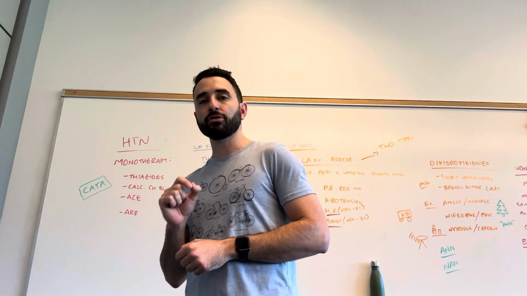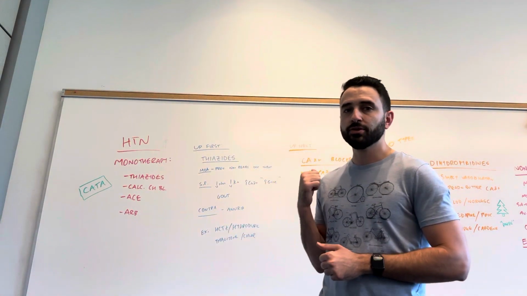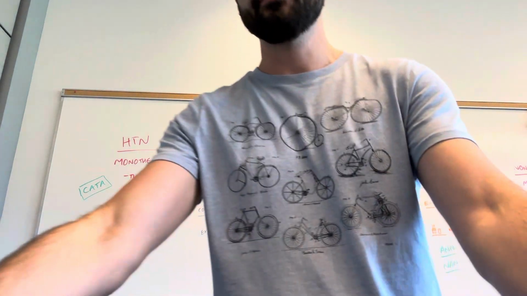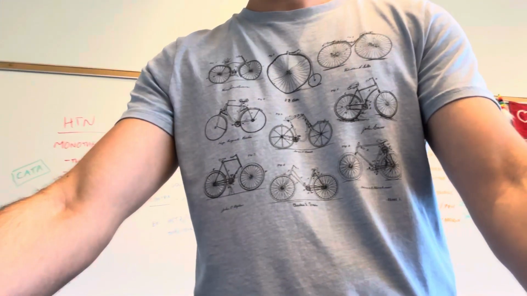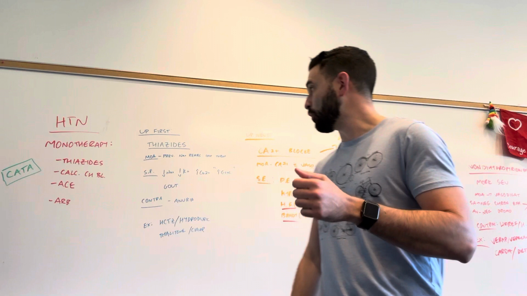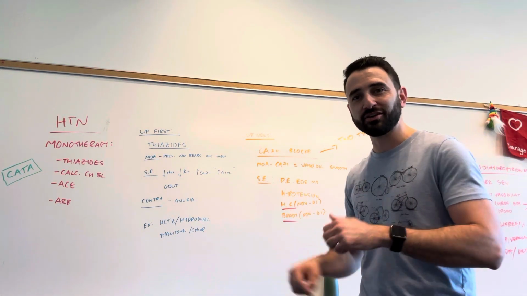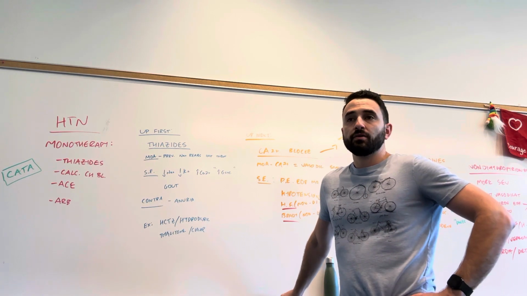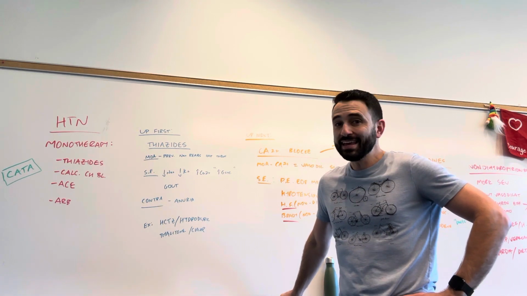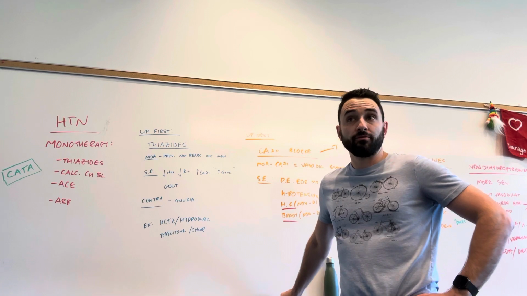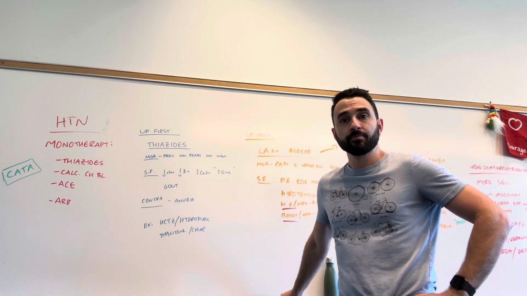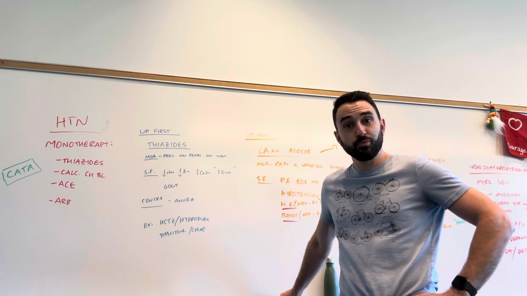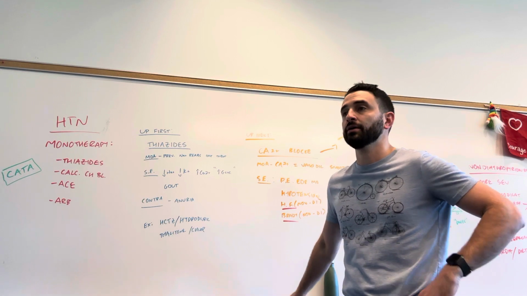The first one we're gonna talk about is here in the blue. This would be the thiazides, okay? What's the mechanism of action for thiazide diuretics? They're diuretics, which make you think kidney. They're going to prevent sodium reabsorption in the distal tubule of the kidney, okay?